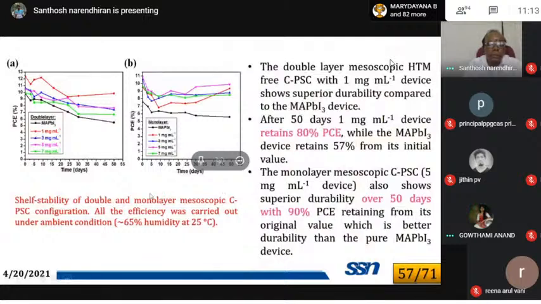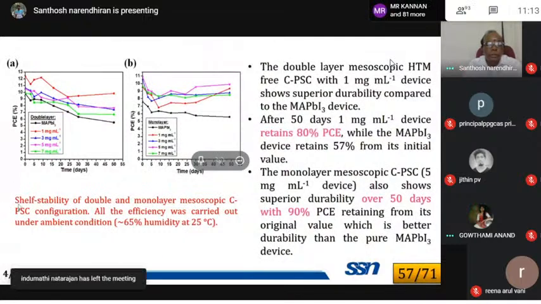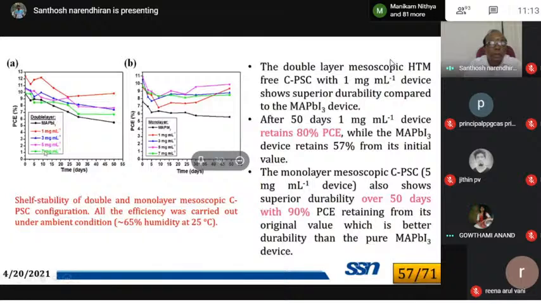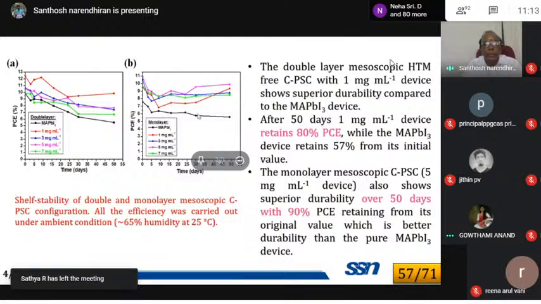This is something interesting again, the shelf stability of double and monolayer mesoscopic ones. This is the double layer result, this is the monolayer result, and with the time, number of days, the pure material and the doped material.